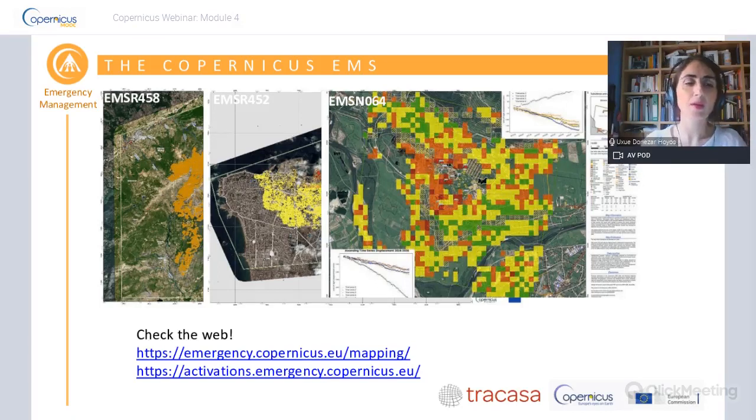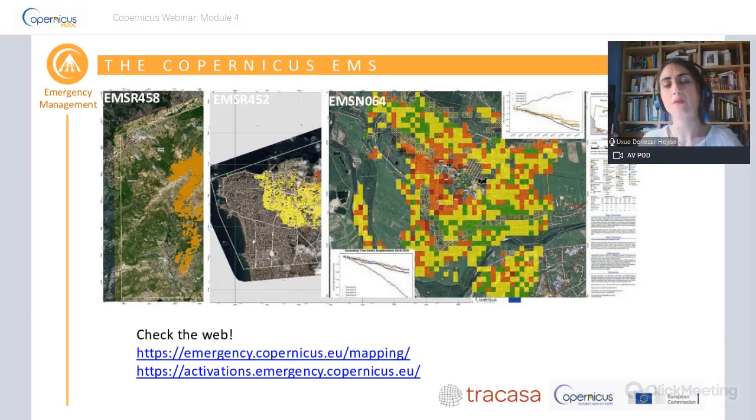The one in the center is a set of products that were created after the explosion in Beirut. Unlike the ones that Peter presented, these ones were made by photo interpretation of satellite imagery. And the last one is the monitoring of ground deformation in a mine in Solotvyno, Ukraine.